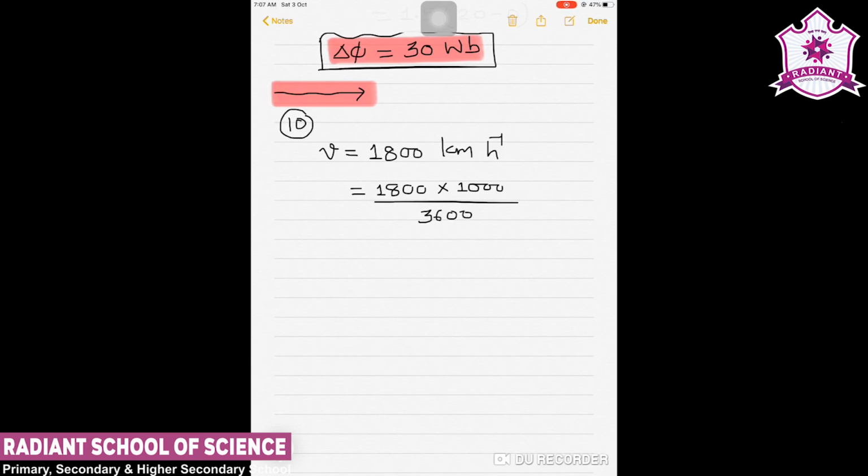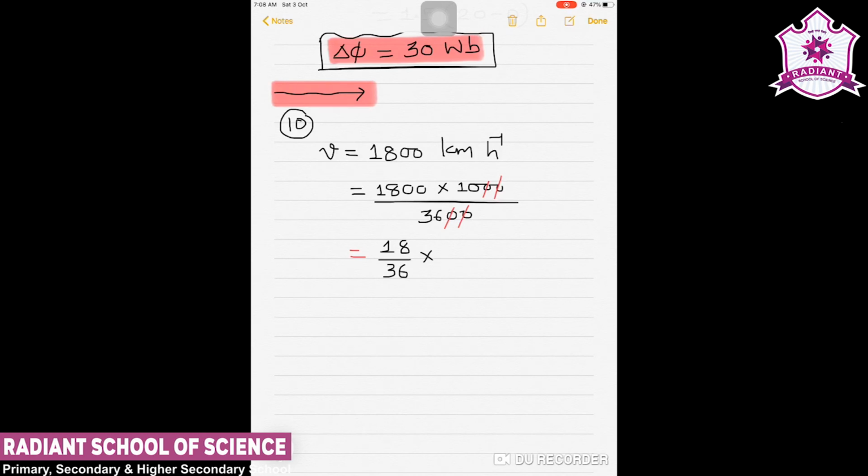So when we simplify this, a 0 can cancel out, here 36 and 18 are there, 18 twos are 36, so we have 18 upon 36.